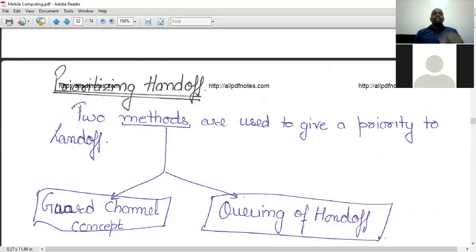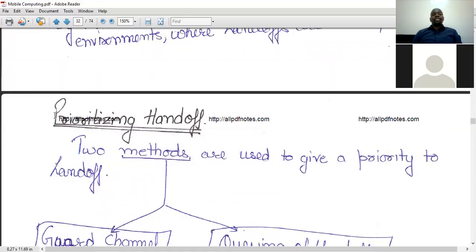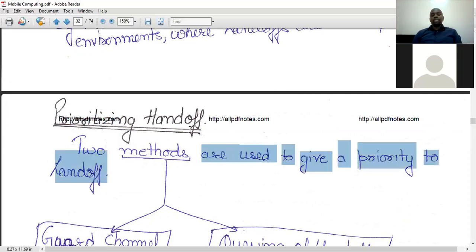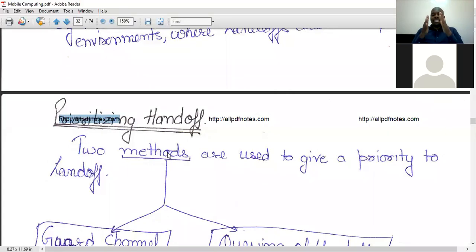If there are different devices that require handoff at that particular time, T1, then how does the base station controller manage or prioritize handoff? How does it make handoff happen for those cells that need handoff simultaneously? So that is the idea of prioritizing handoff.